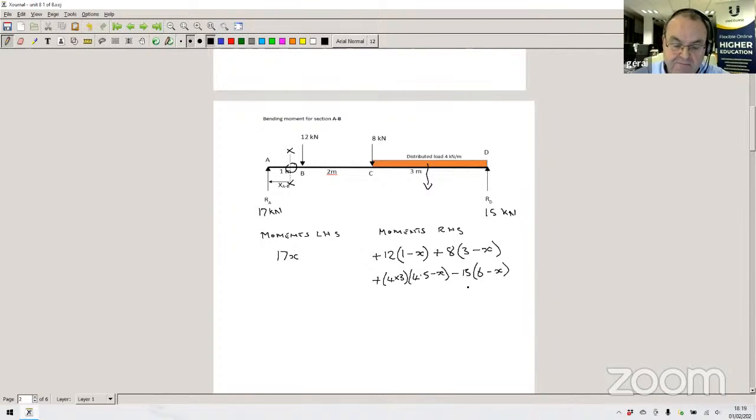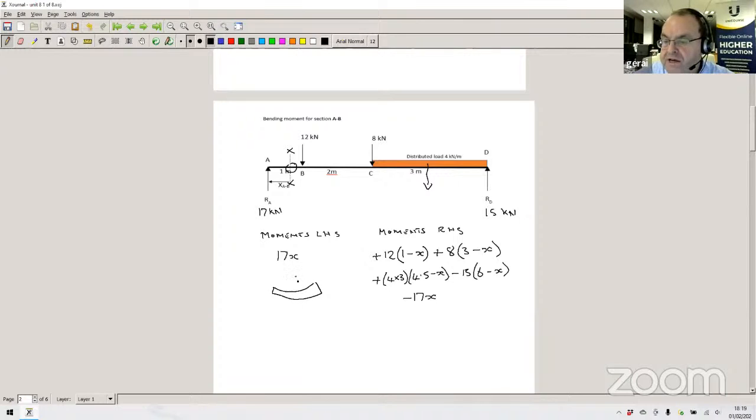Now that looks a bit messy, but what I want you to notice is, if we tidy this up and multiply the brackets out, what we'll end up with is minus 17x. Okay. So what that tells us is at our point X, we know our beam is going to be sagging at that point.